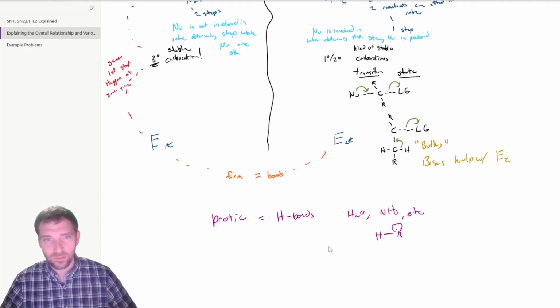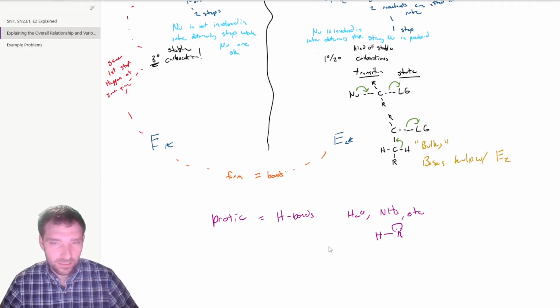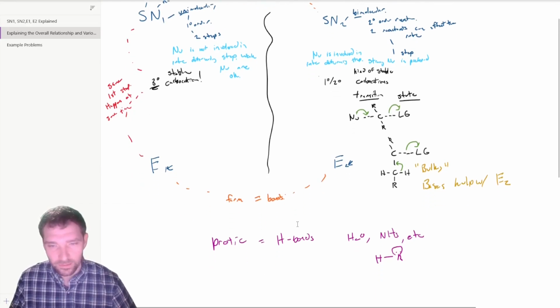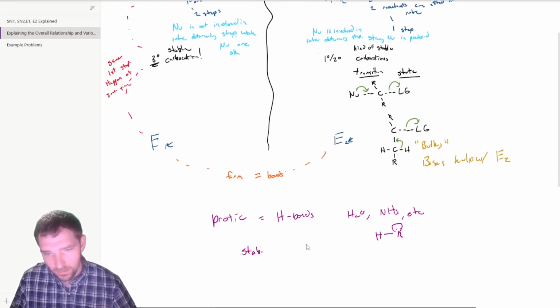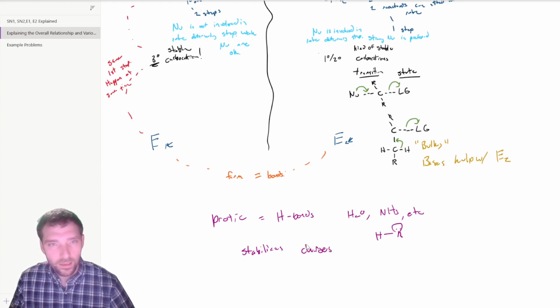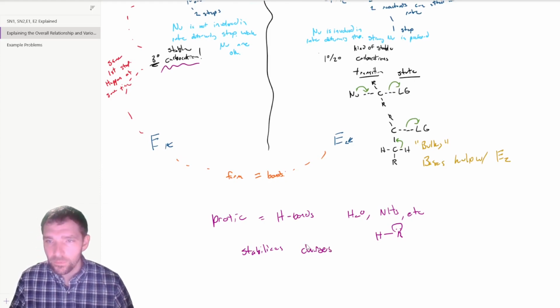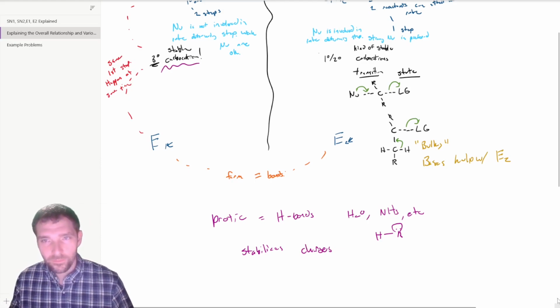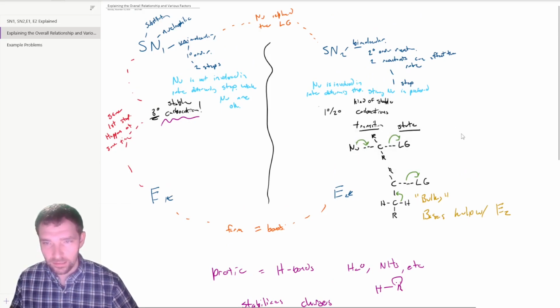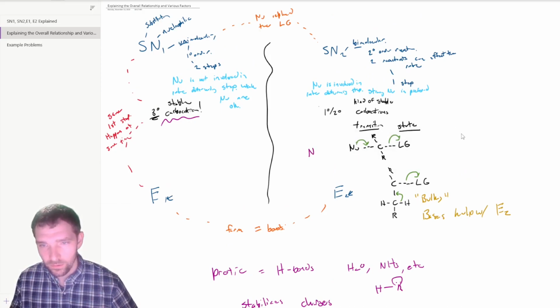So that should help you understand that if you've got a polar protic thing, that's going to stabilize our carbocation. Or on the SN2, because this isn't really a charge, it ends up stabilizing the nucleophile potentially as is.